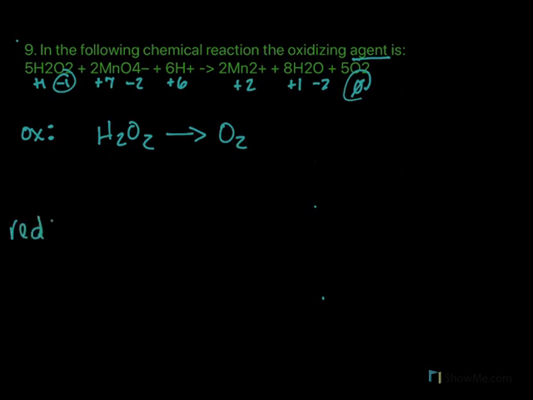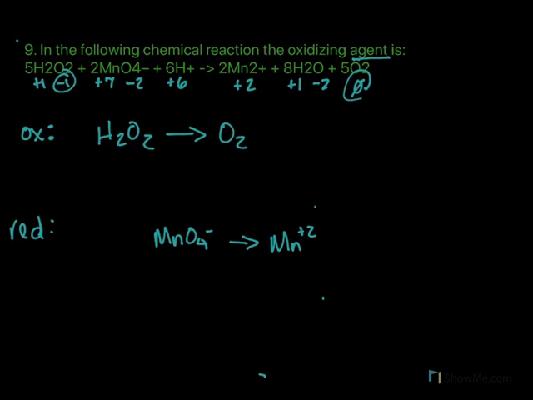Then for the reduction portion, we will have permanganate to just a manganese ion. So the manganese is going from a +7 charge to a +2, so it's being reduced and it's gaining electrons. So from here we could deduce that our oxidizing agent is permanganate, because it is the one that is taking the electrons. But I'll go ahead and work this the rest of the way out just so you can see it.